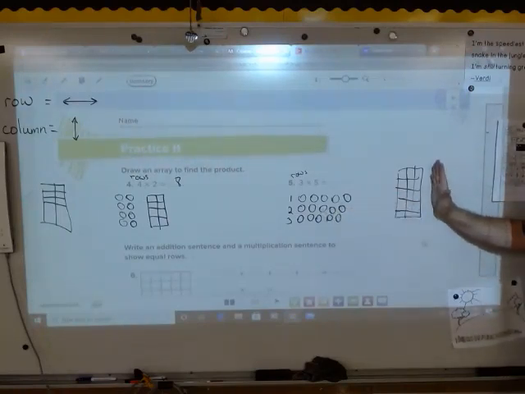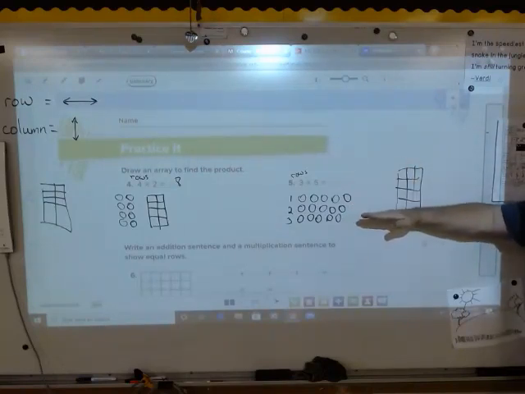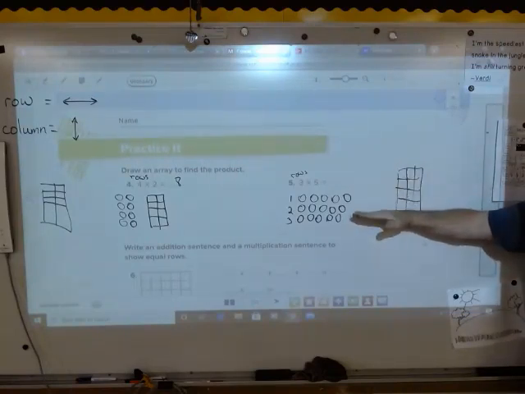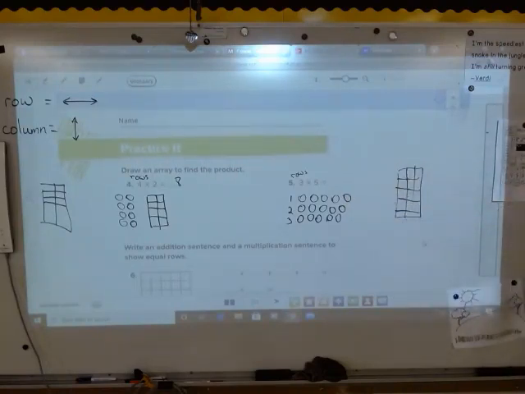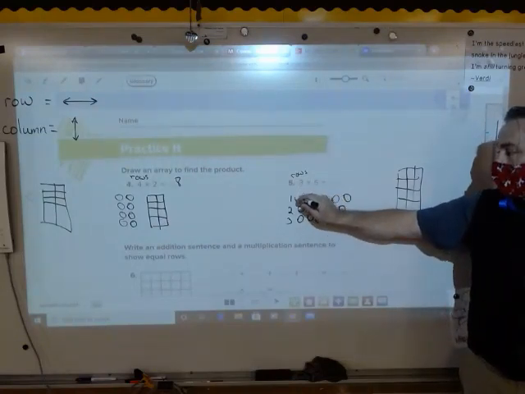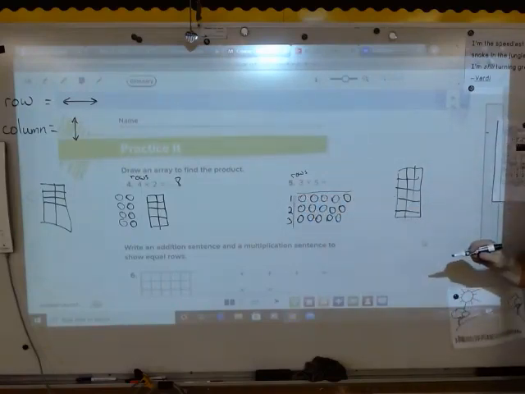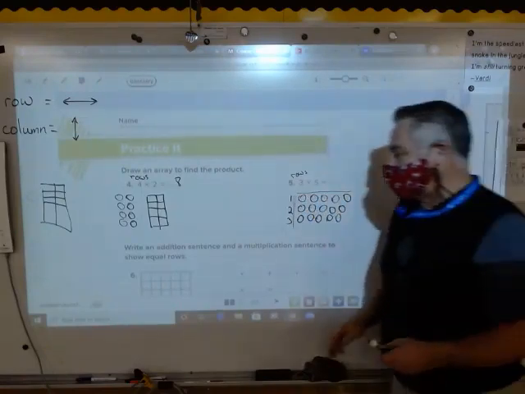It's just that if you knock it over, the 3 goes down to the side, doesn't it? Okay? So, if it has you draw an array, keep that in mind. The first number is going to be the rows. So I need 3 rows of 5. All right? Okay, look down at number 6.